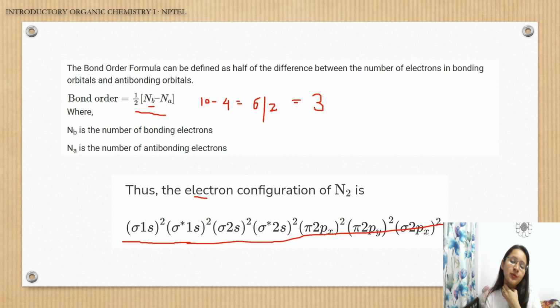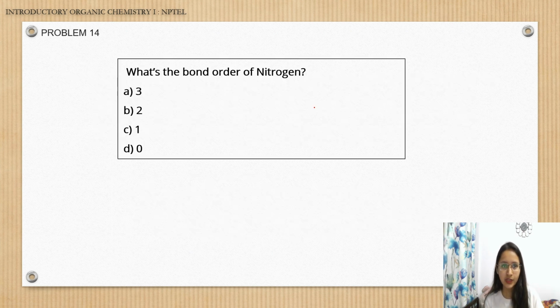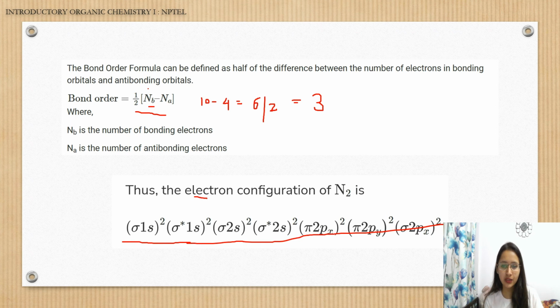So what is the bond order? 3. So the bond order for the N2 molecule will be 3. So the correct answer is option A, that is 3. Fine. Any doubts regarding this question?